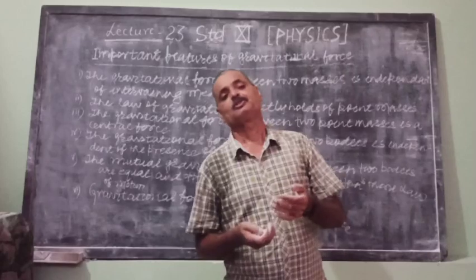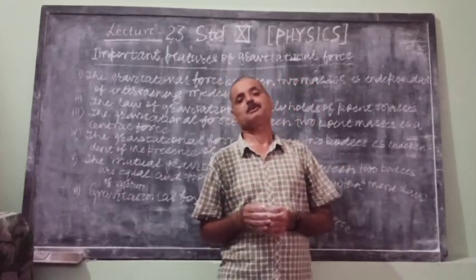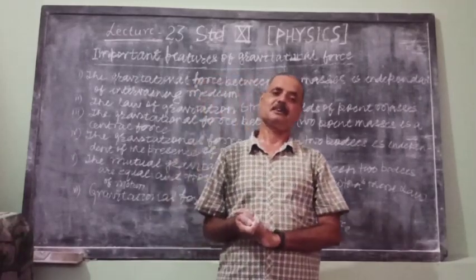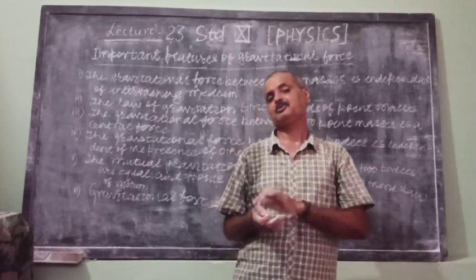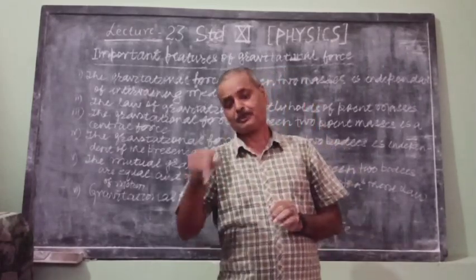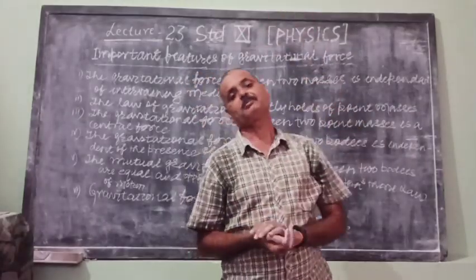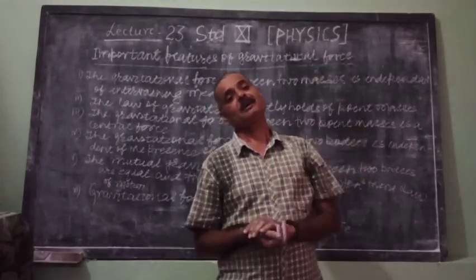In exams, suppose you have to prove the variation in acceleration due to gravity due to altitude. What was the final result in that case? g dash equal to g times 1 minus 2h by r, where h was the height of the object from the surface of the earth.